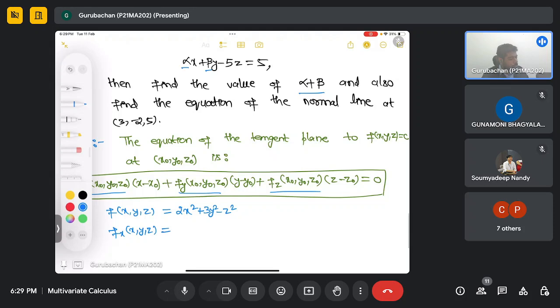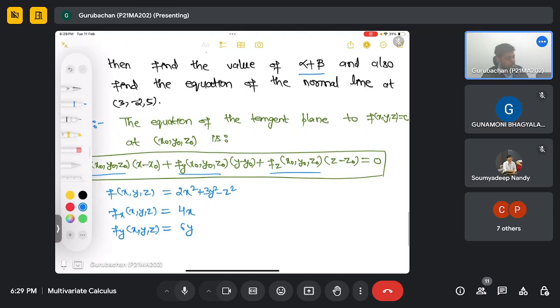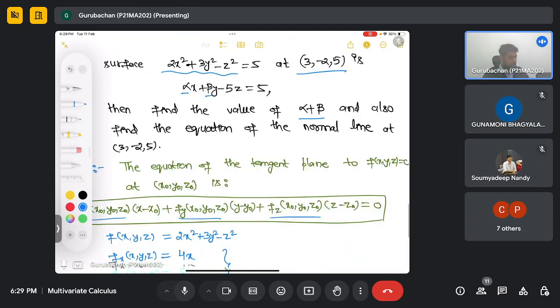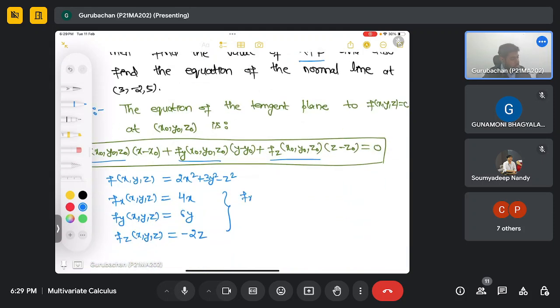So it will come out to be 4x, and we will treat y and z as constant since we are doing partial derivative. Similarly, f with respect to y will come out to be 6y, and f z will come out to be minus 2z. So we will put the point (3, -2, 5) in these values. So f x at (3, -2, 5) will be 4 threes are 12.